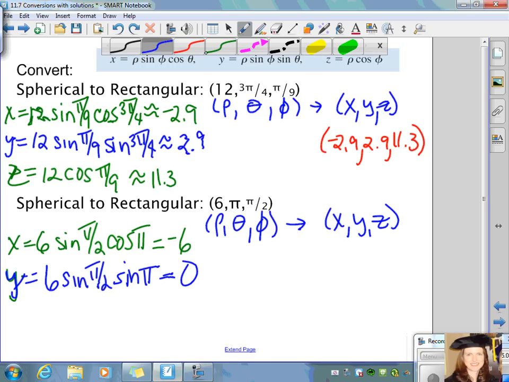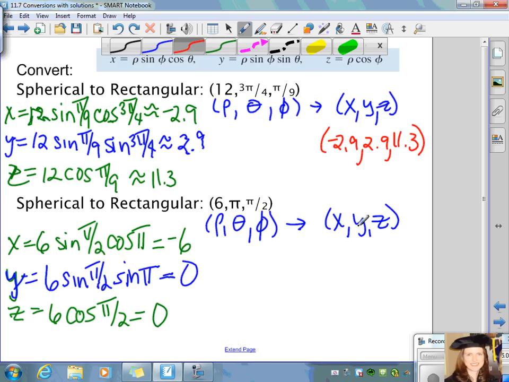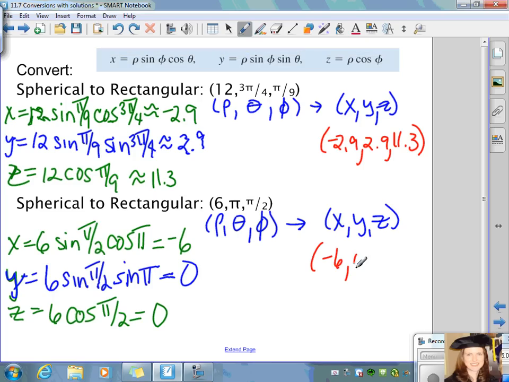Now our z is equal to rho cosine phi, so that is going to equal 6 times the cosine of pi over 2. And when you simplify that, you get 0. So our point using the rectangular system can be expressed as negative 6 comma 0 comma 0.